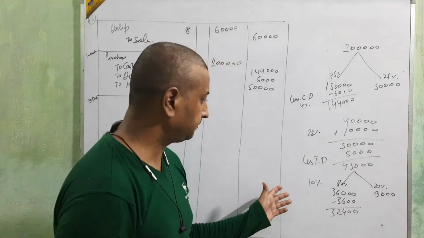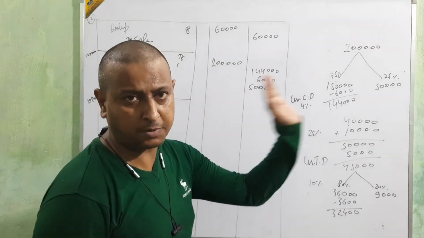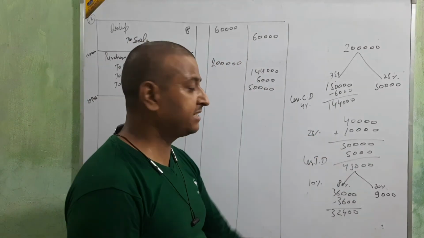Same way. First add the profit, then less the trade discount.